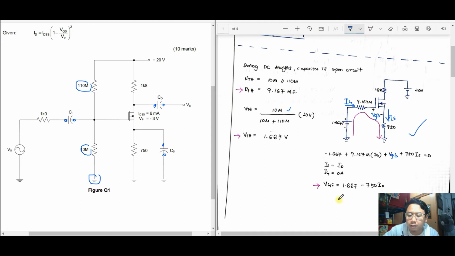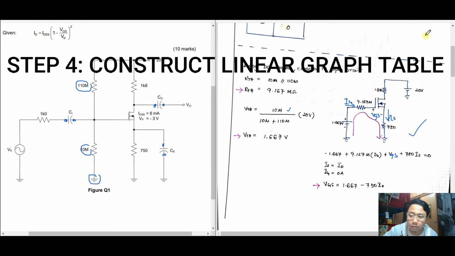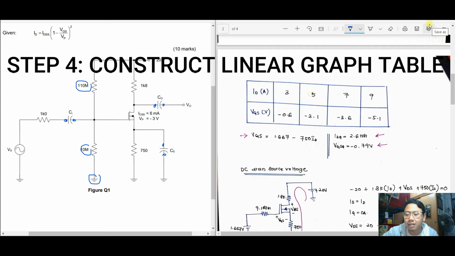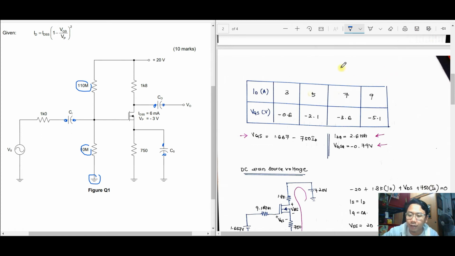After you obtain the VGS equation, what is it for? With this, we go to step 4, construct the linear graph table. This is the linear graph table based on the KVL before. By referring to this equation, VGS equal to 1.667 minus 750 ID, how do we find the value of VGS?